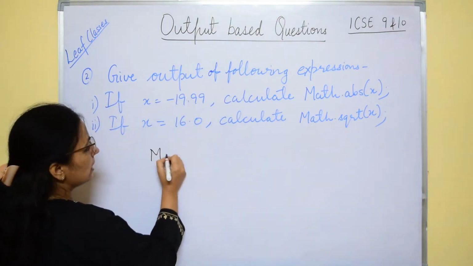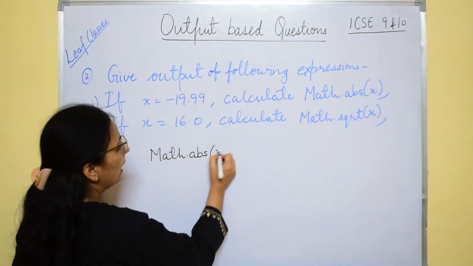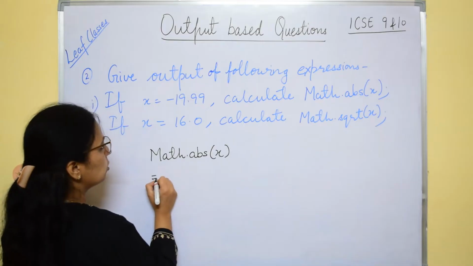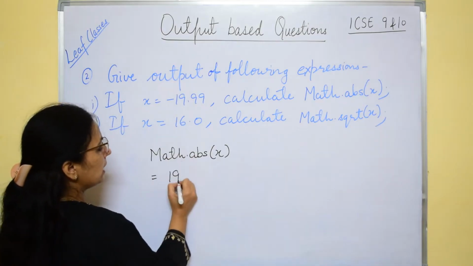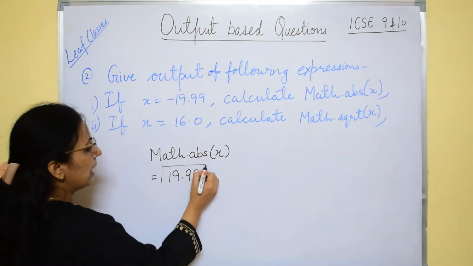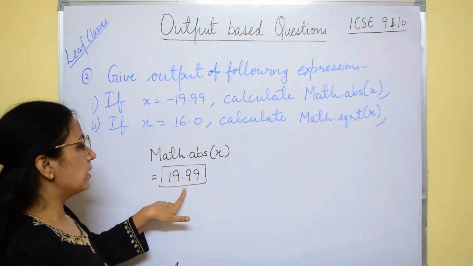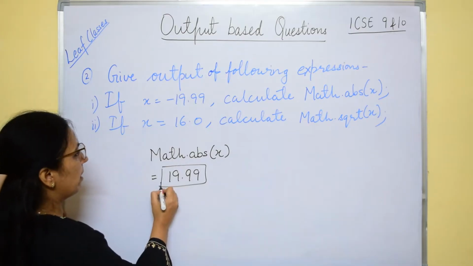So in the answer you will write Math.abs of x is equal to 19.99. The sign will be removed and only the magnitude of the number will be there.